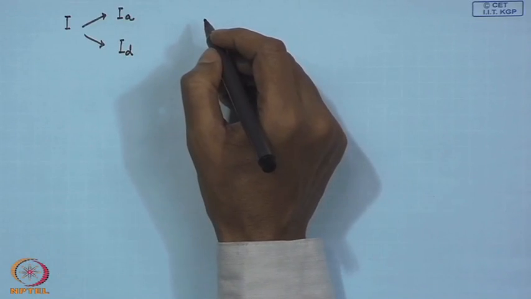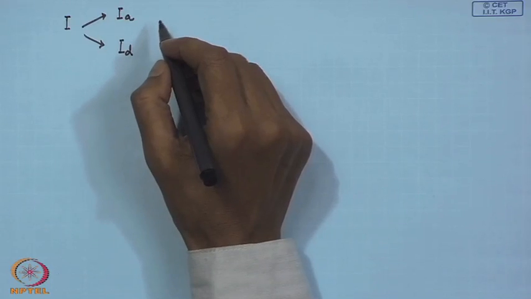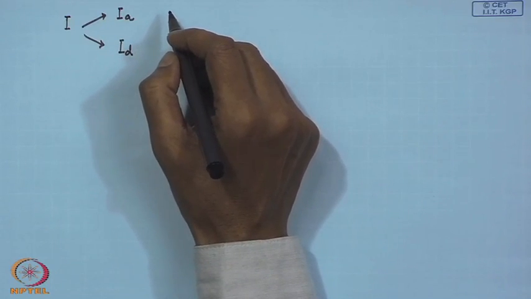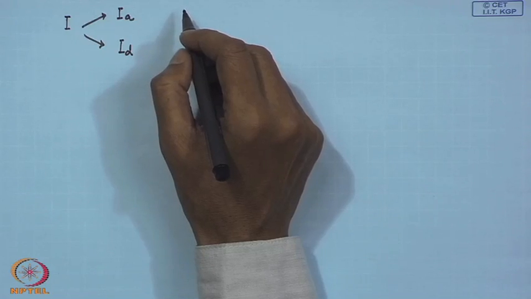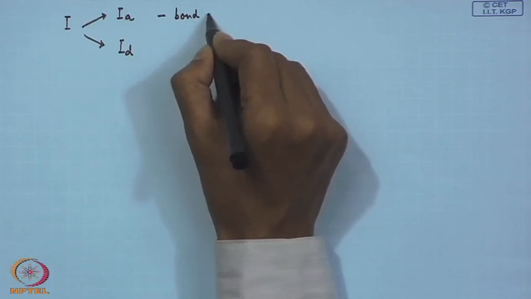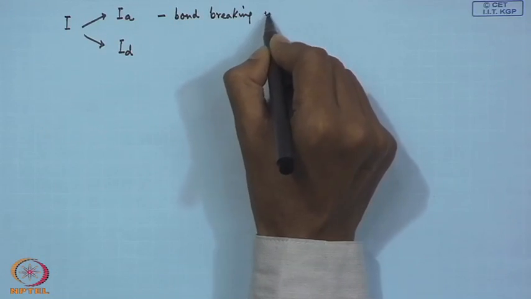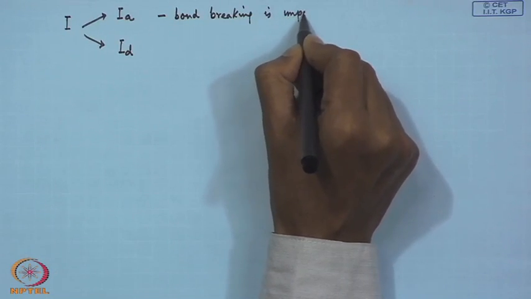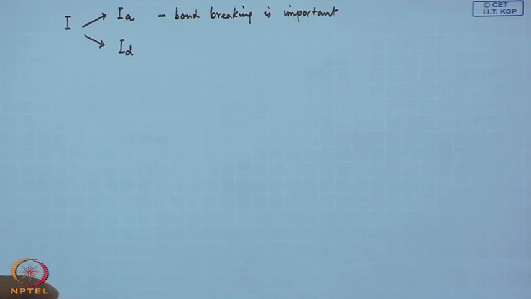So, dissociative interchange and associative interchange. The associative interchange takes place if the breaking of the bond between the leaving ligand and the metal is important. So, bond breaking is important in this particular case.